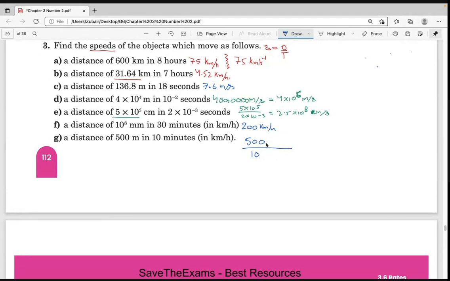Distance over time, that is meters, divided by 1000 is kilometer. This is minutes, divided by 60 is hours. You get 3 kilometer per hour.